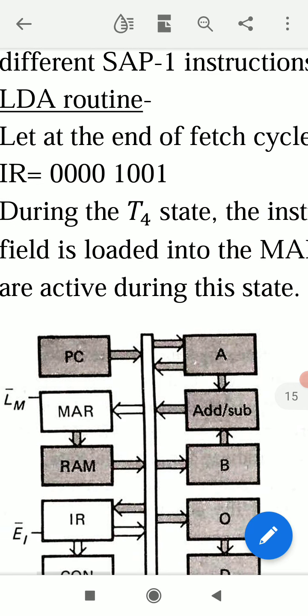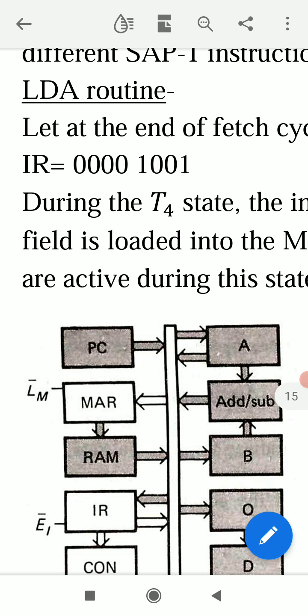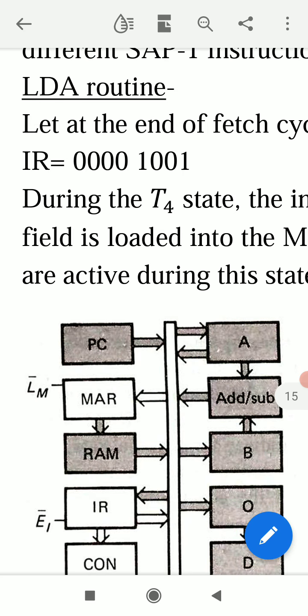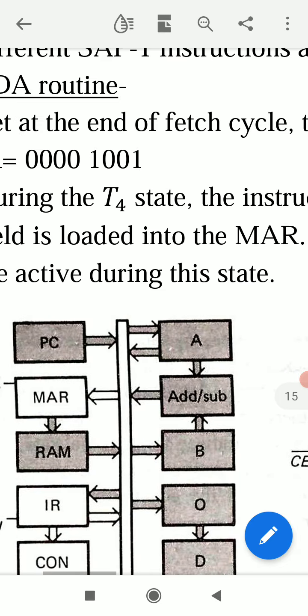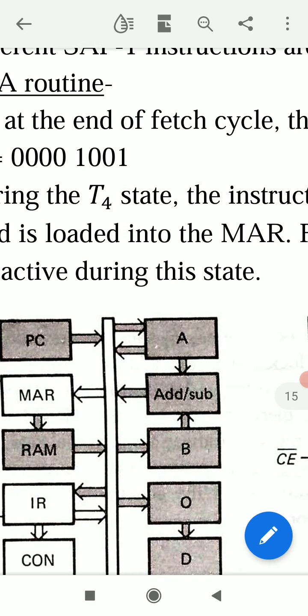It is equivalent to 1001. So instruction register has this 8-bit word. First left side 4 bits is operation code for LDA, that is 0000, and next right side 4 bits are equivalent to hexadecimal address 9H. It is binary number of 9.